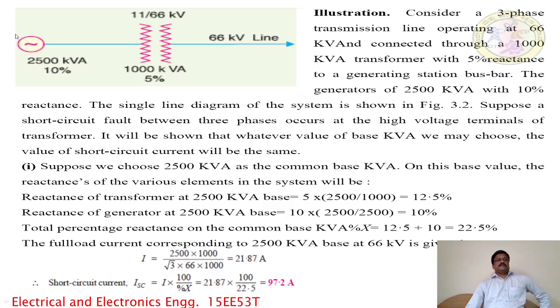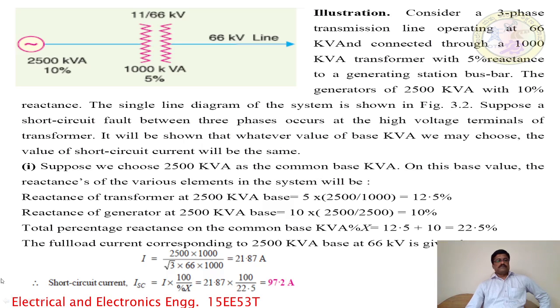One on the input side is the generator. Another one is the transformer, and another one is the transmission line. Here the common base kVA is selected. The first step: suppose we choose 2500 kVA as the common base kVA.